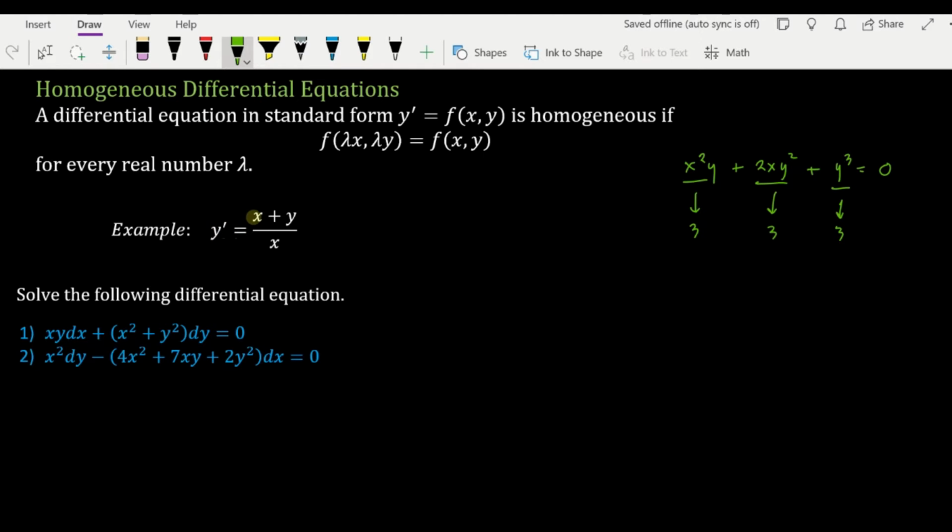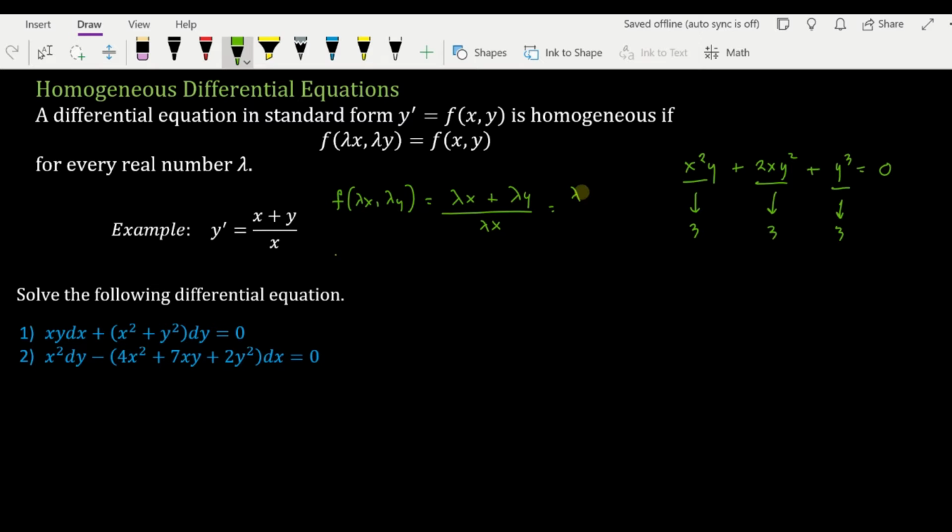So, tingnan natin itong example. Let's say we have y prime equals x plus y over x. This is homogeneous. So, paano natin papatunayan? Kunin lang natin yung value ng f of lambda x, lambda y. So, i-substitute lang natin yung lambda x for x, then yung lambda y for y. So, this becomes lambda x plus lambda y divided by lambda x. So, as you can see, may common dito na lambda.